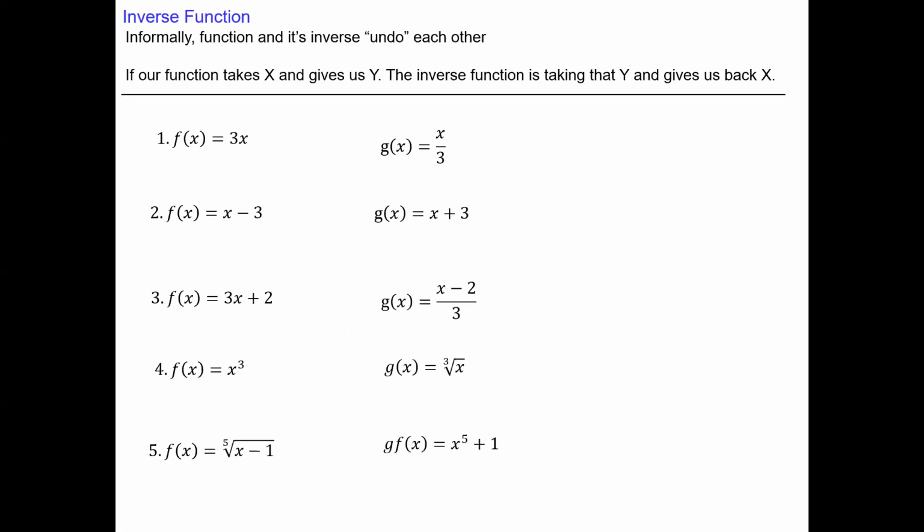A really informal definition is that a function and its potential inverse just undo each other. We undo the operation. That means if our function takes x and gives us y, then the inverse function is the opposite, taking y and giving us back x.